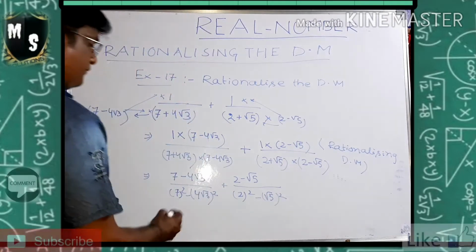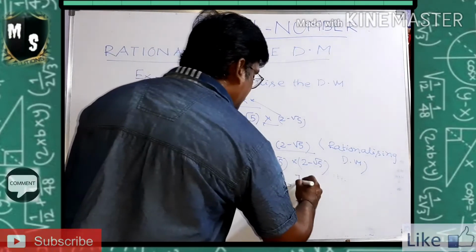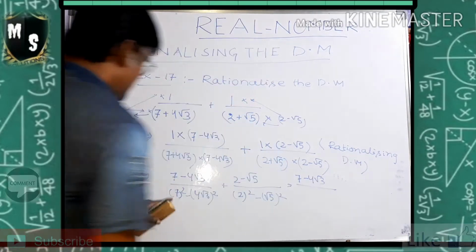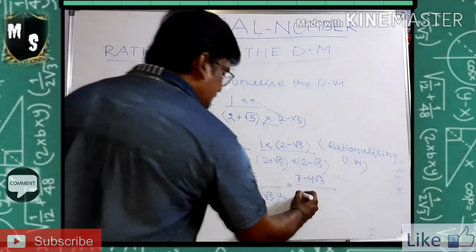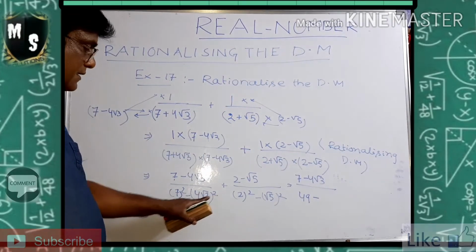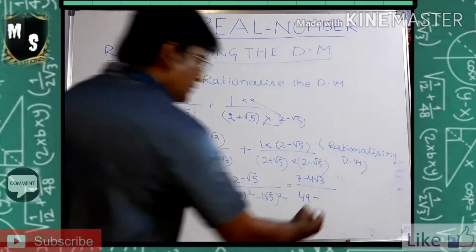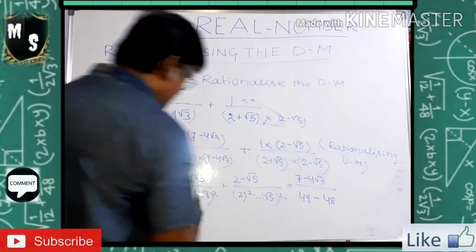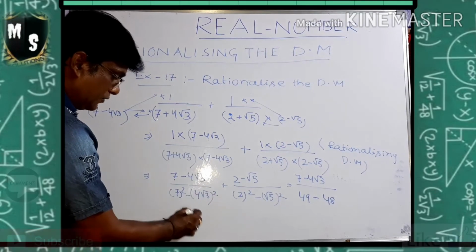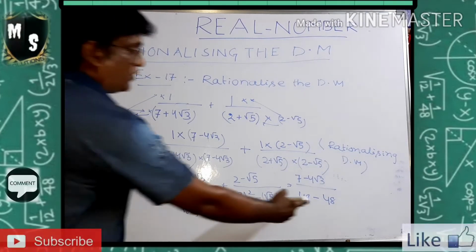Now what is coming? 7 minus 4 root 3 divided whole by 7 square, 49, minus 4 square 16 into root 3 square 3. 16 threes are 48.